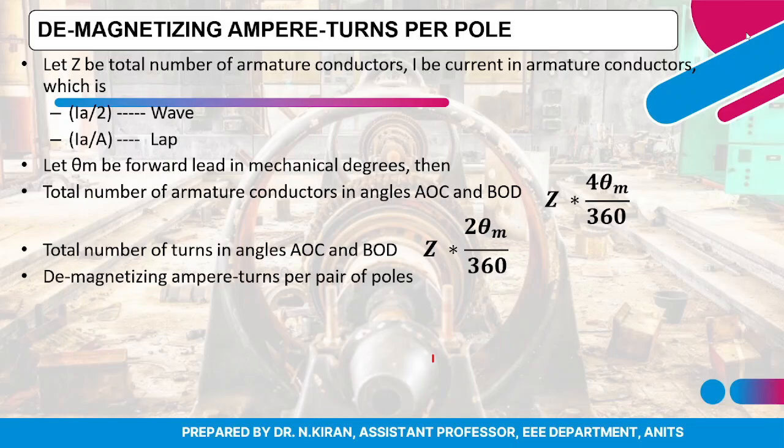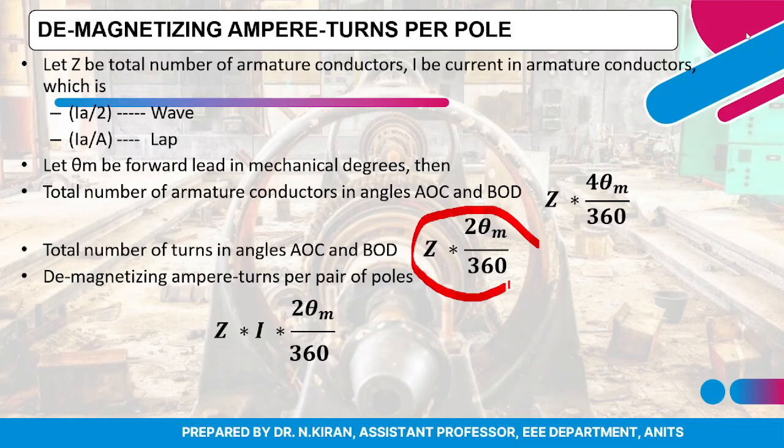Next, demagnetizing ampere turns per pair of poles will be nothing but Z into I into 2 theta m by 360. Z into 2 theta m by 360 is the number of turns, and I need ampere turns, so if I multiply this by current, that will give the number of ampere turns per pair of poles.